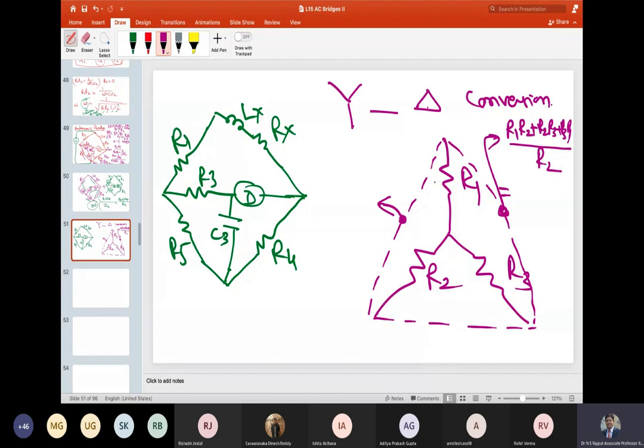As usual, the numerator is the same. So I will write it as sigma R1R2, right? So it is understood, divided by the opposite arm, which is R3, right? Similarly, for this it will be sigma R1R2 divided by the opposite arm, which is R1, right? So that was the star to delta conversion, right?